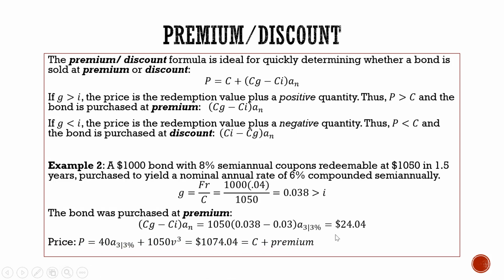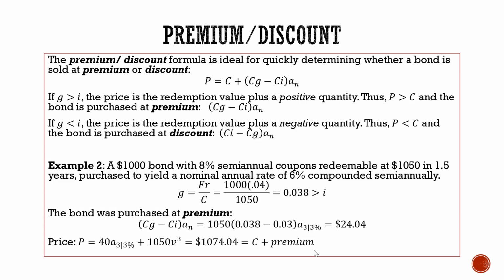And the price is P equals 40 times a angle 3 at 3% plus 1,050 v to the 3. The price is 1,074.04. And this price is basically just the redemption value plus the premium.